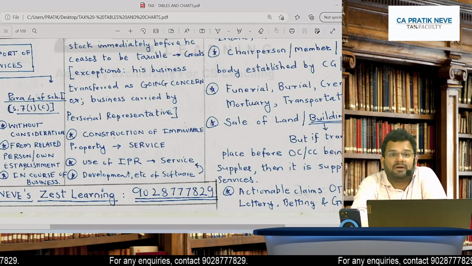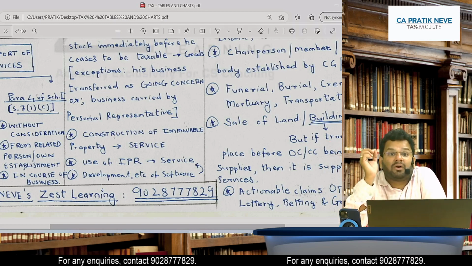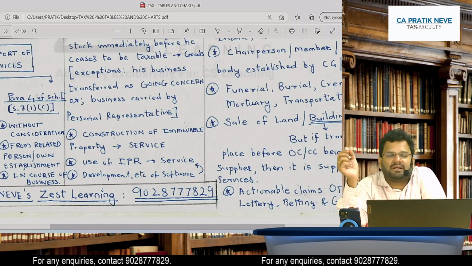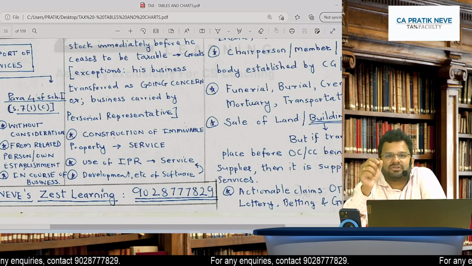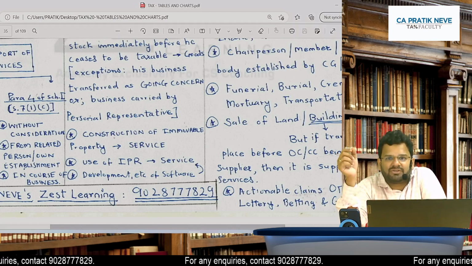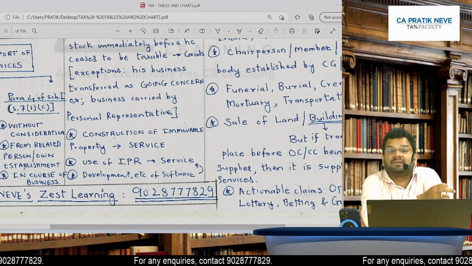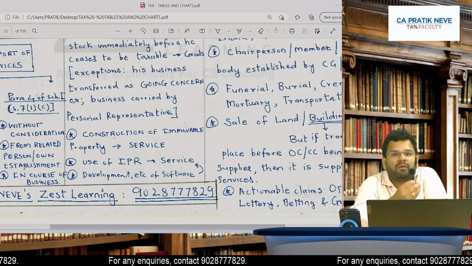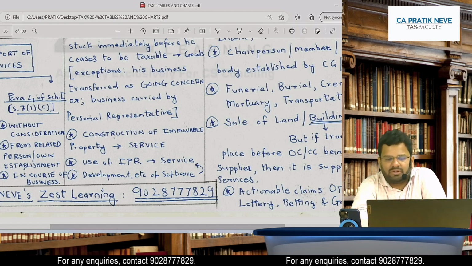Karthik, be careful. It is neither supply of goods nor supply of services, because you all know immovable property is not goods. To constitute goods, what is the condition? Goods means some property which is movable in nature. I hope you understood this point well.